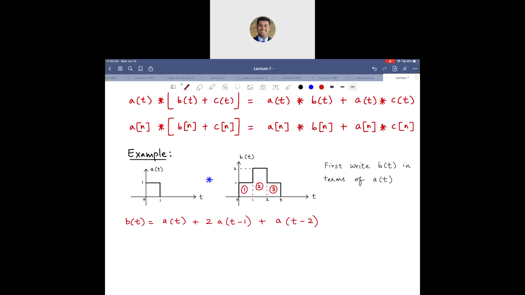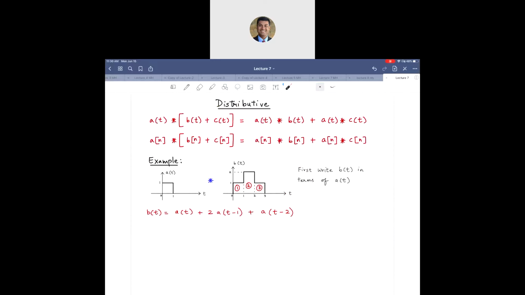Now, when we are convolving A and B, and I was able to write B in terms of A, all we really need is A convolved with A. So if we have A convolved with A, we can use the distributive property to write the entire convolution result. So what is A convolved with A?